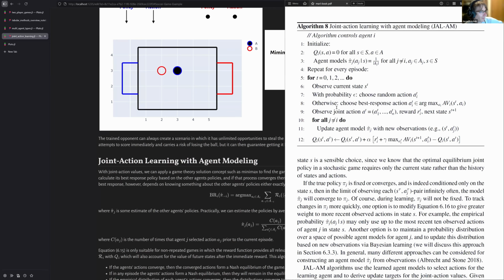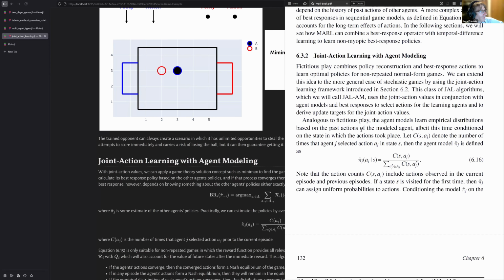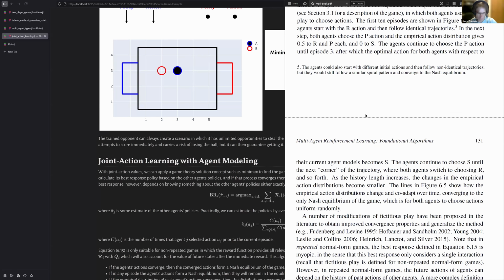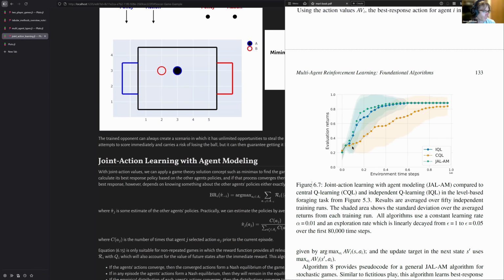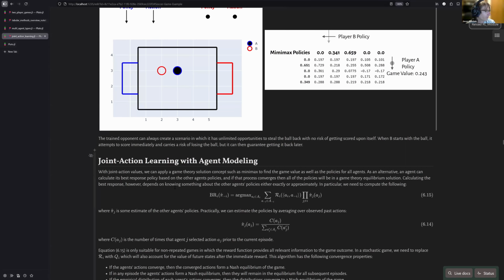But the nice thing about this is, let's see, what the convergence properties are. Oh, well, I have it written down here.